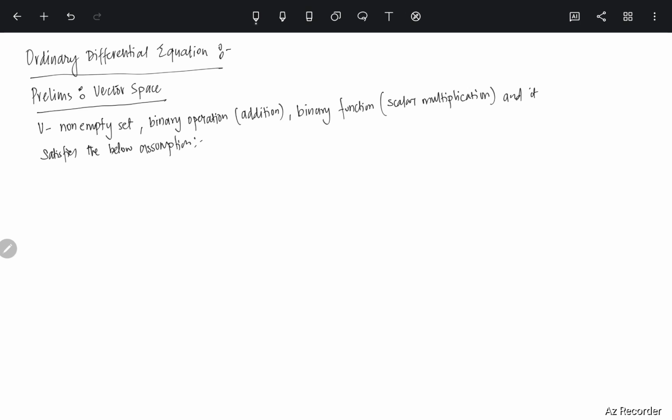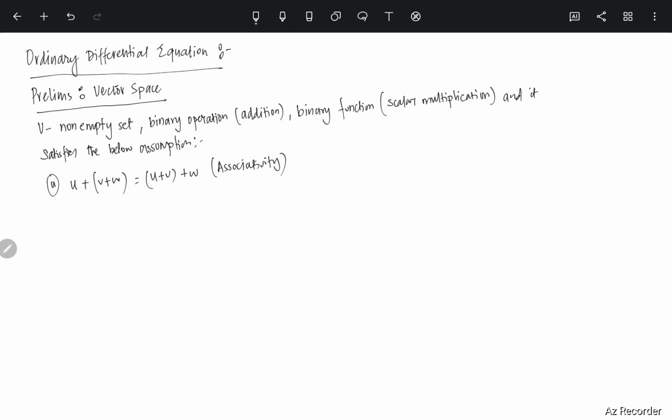First of all, associativity is there. What is this? It is basically (U plus V) plus W, which you can actually write as U plus (V plus W). This is associativity of vector addition.